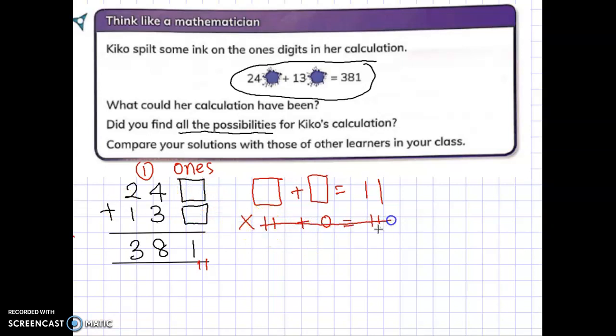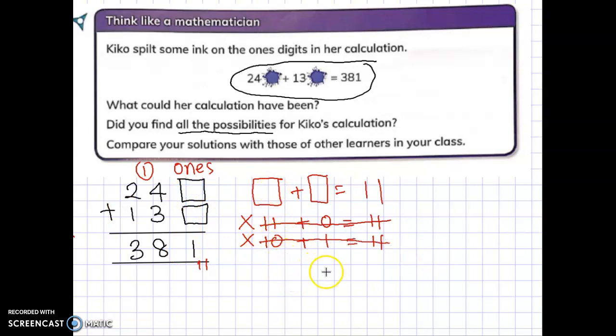Let's cancel this out. Let's start with 10. Now 10 plus 1 is also 11, but 10 cannot fit here because it's the ones place and there is only 1 digit. So 10 is wrong. We'll cancel this out.